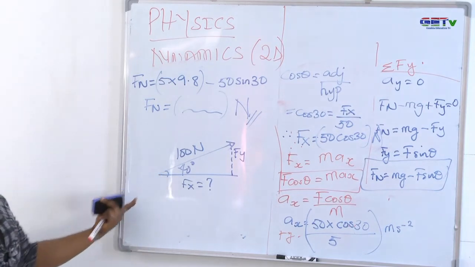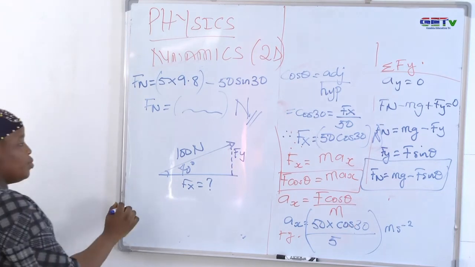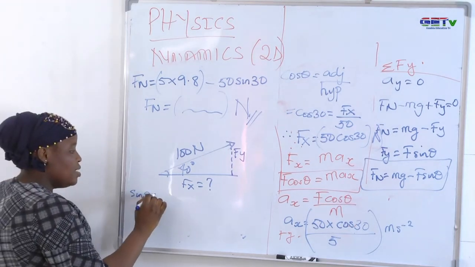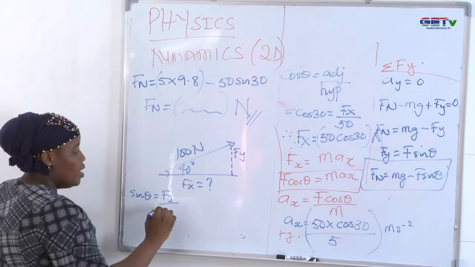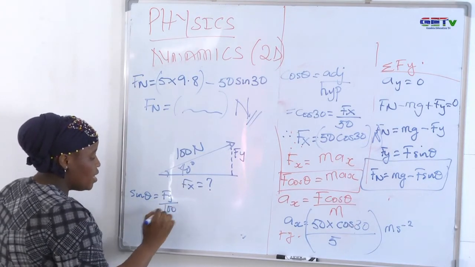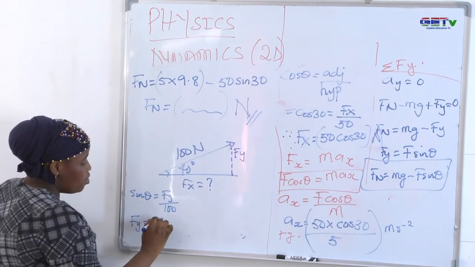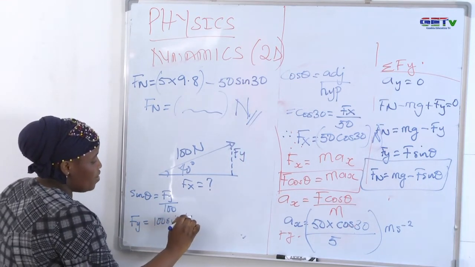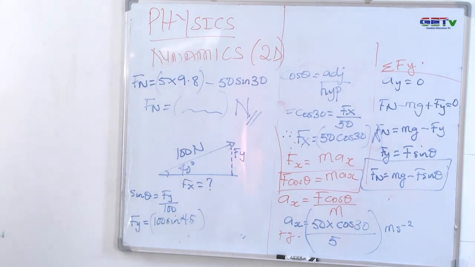So we just use trigonometric ratios and the answers will be found. So from here we will see sine theta, which is equivalent to the opposite side, f of y all over the hypotenuse, which is just 100. And this simplifies to Fy equals 100 sine 45, since the angle is given. 100 sine 45.